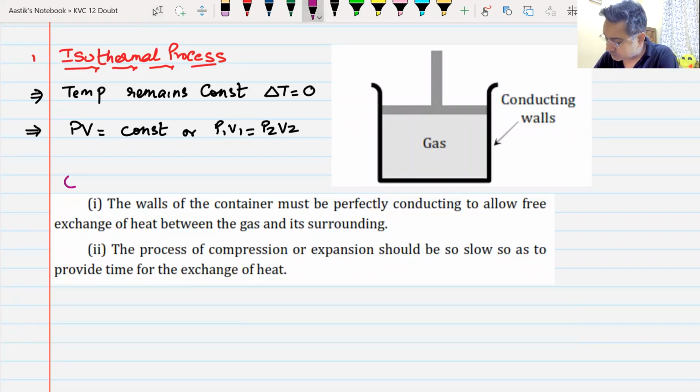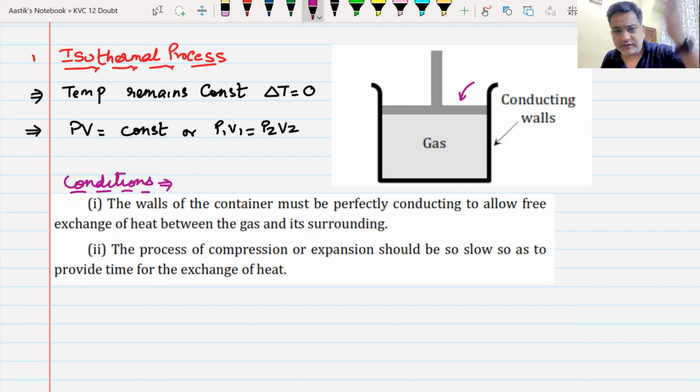Condition number one, for a process to remain perfectly isothermal. If it is a perfect isothermal process, it must take place in a perfectly conducting cylinder, and the piston over here should also be perfectly conducting. Why do you want it to be perfectly conducting?